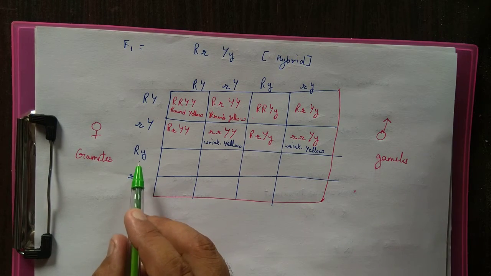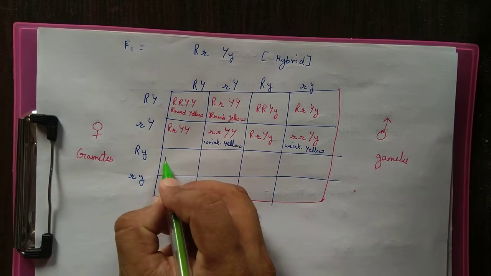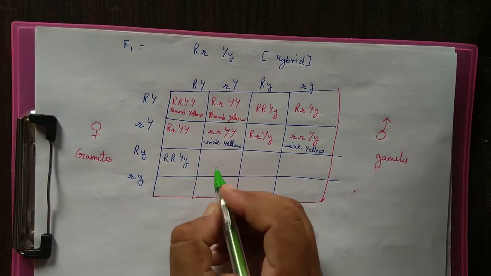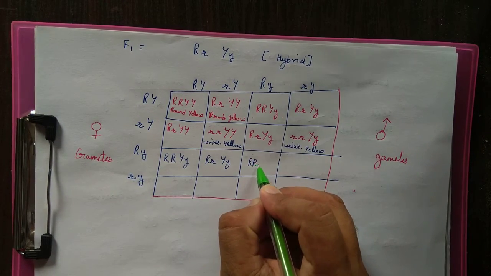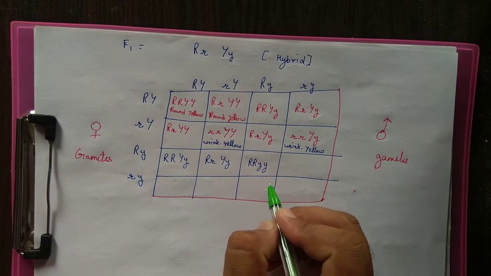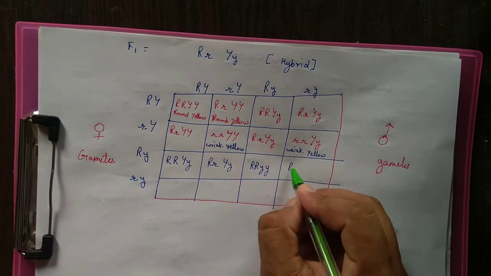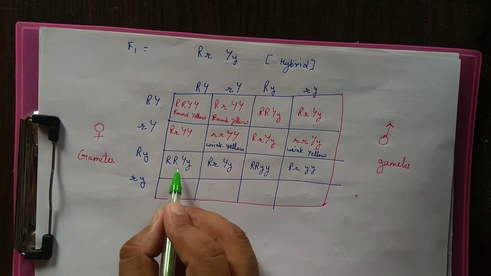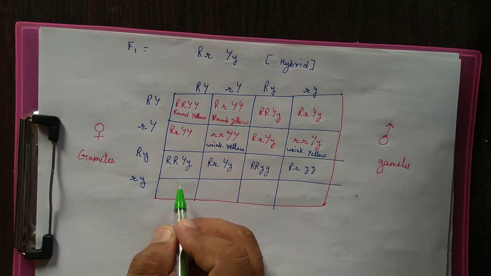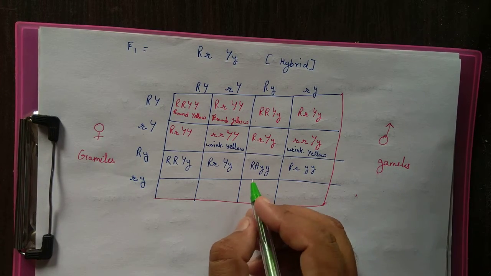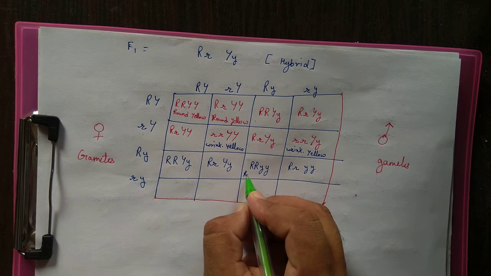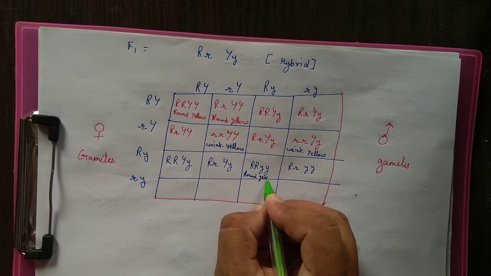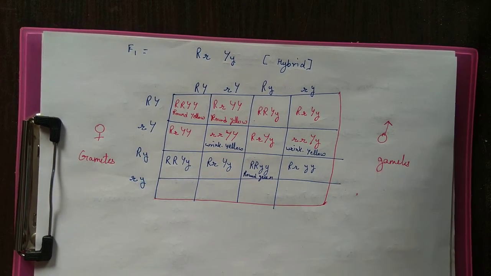The third case, in the third row of gametes, we are going to cross. The last one, in this is the dominant round yellow, this is also round yellow, and this is round green, because only one set of gene is dominant.